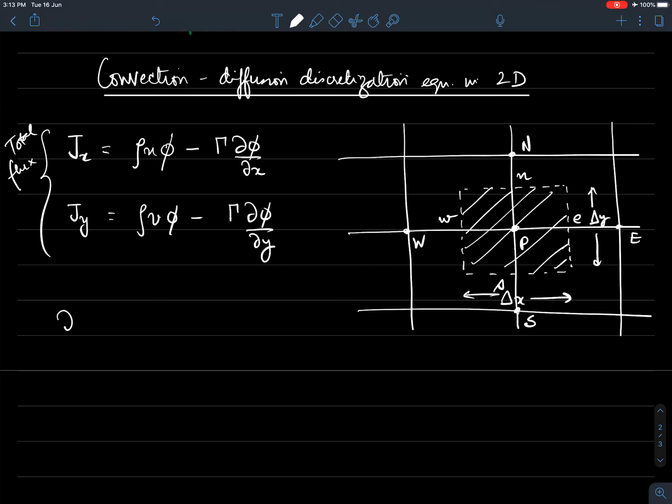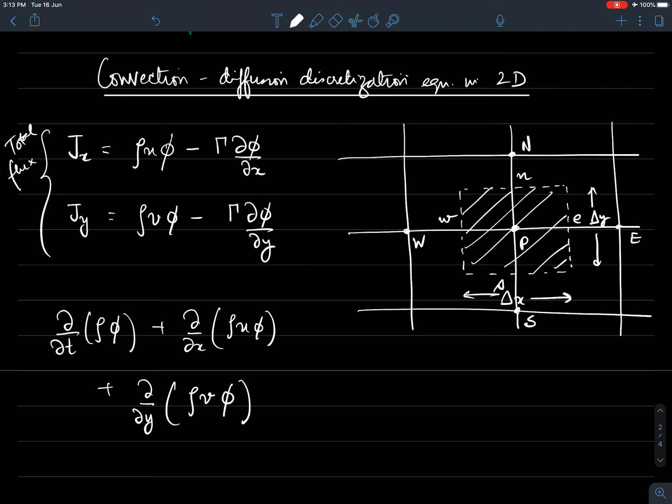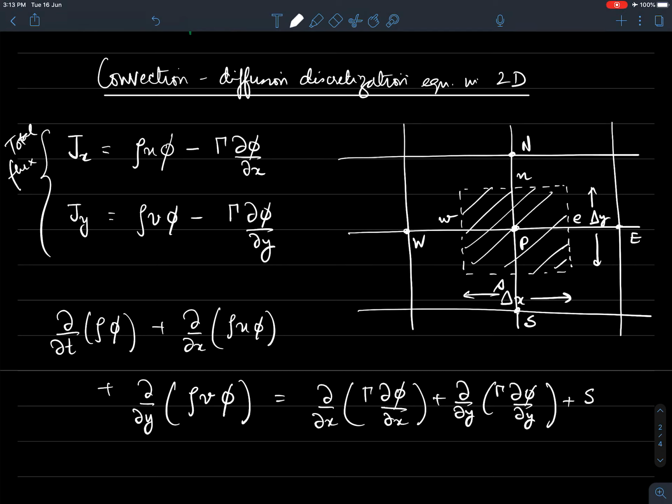Now if you look at the original differential equation, that was d by dt of rho phi plus d by dx of rho u phi plus d by dy of rho v phi is d by dx plus d by dy plus a source term.